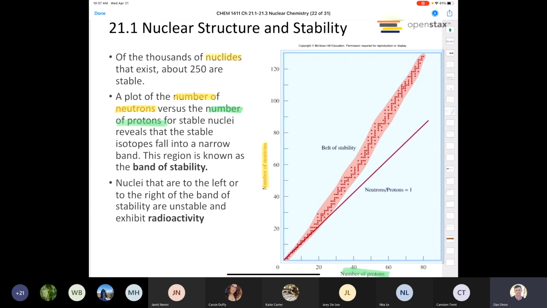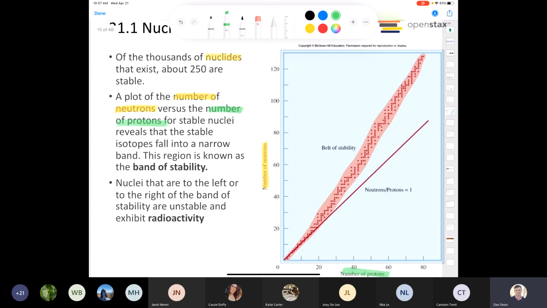Sometimes it's called the band of stability, or a region of stability. Anyhow, that's neither here nor there. But any nuclei that lie to the left or the right of the belt of stability are going to be radioactive. What does that mean? That means they're going to break apart in some way to form a more stable nucleus. So the nuclide is going to be unstable.